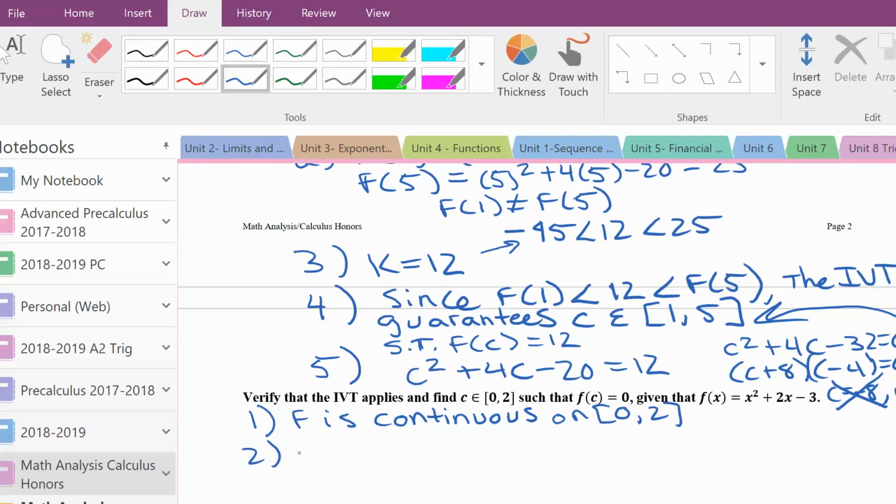Step 2, find f of 0. Well, f of 0, 0 squared plus 0 minus 3 is negative 3. And f of 2, when you substitute it in, you get 2 squared plus 2 times 2 minus 3. So 4 plus 4, 8 minus 3 is 5.